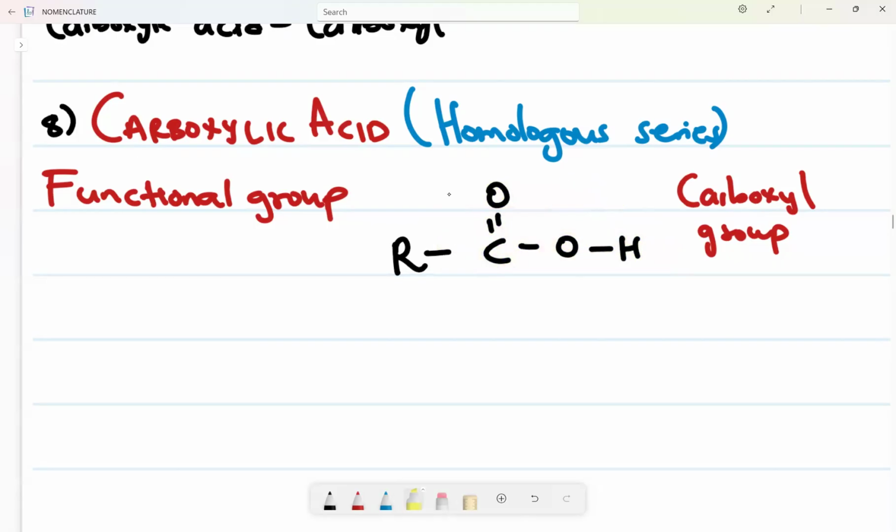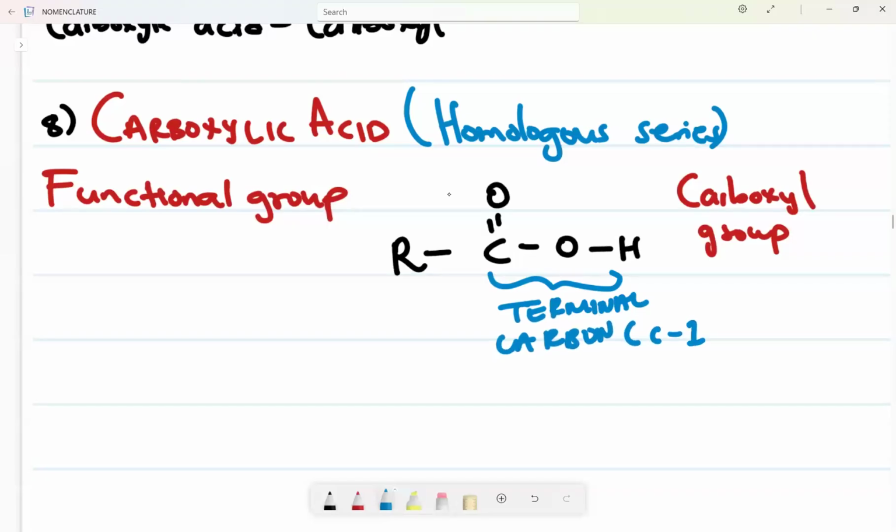It means the one you're going to do next has the same COOH but in a different place. But now remember, this should always be the terminal carbon. What is terminal carbon? Terminal carbon is carbon number one.